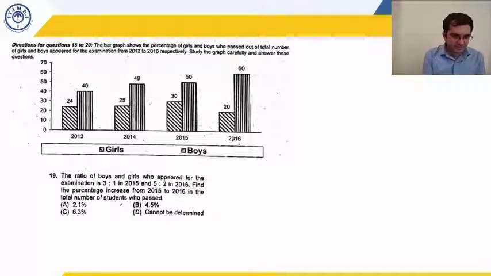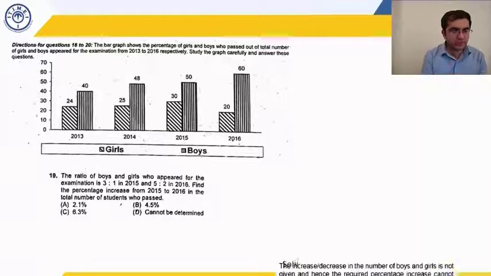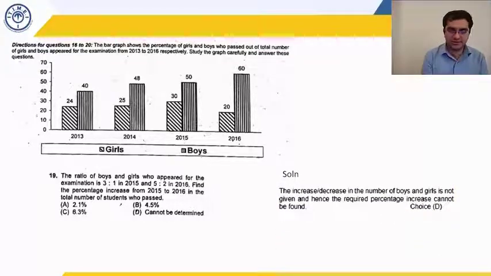Therefore, the number of students who passed cannot be determined. The increase or decrease in the total number of boys and girls is not given, so the required percentage increase cannot be found. This is directly coming from what we observed in the last two questions. So the answer is cannot be determined.